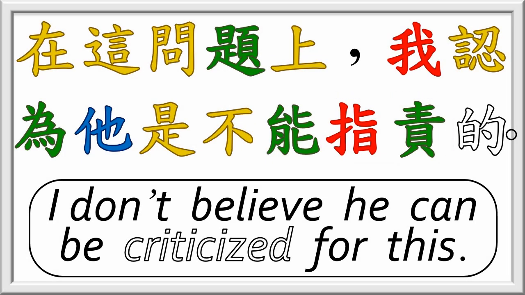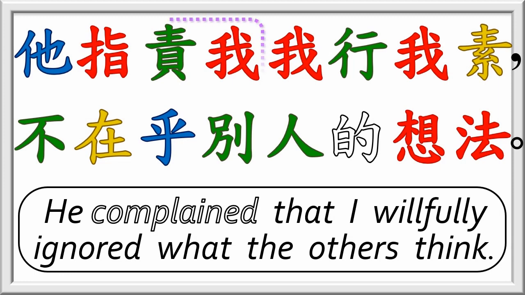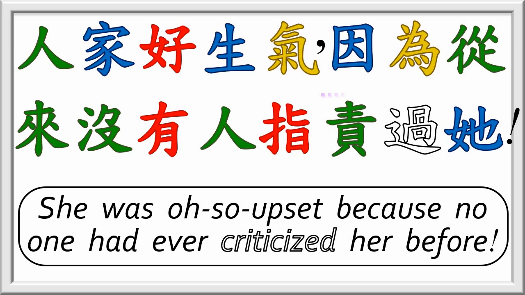在这个问题上，我认为他是不能指责的。I don't feel he can be criticized for this particular problem. 他指责我，我行我素，不在乎别人的想法。He complained that I willfully ignore what others think and do whatever I want. 人家好生气，因为从来没有人指责过他。She was so upset because no one had ever criticized her before.